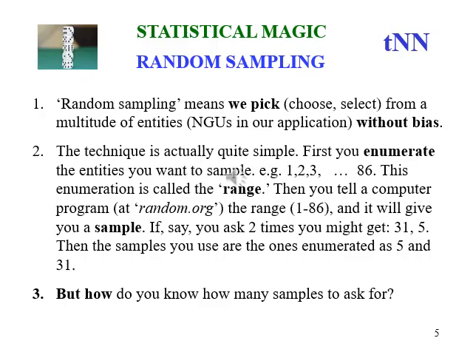Then, the samples you use are the ones enumerated as 5 and 31. And 5 and 31 could be the indexes of NGUs listed in some register, for example.